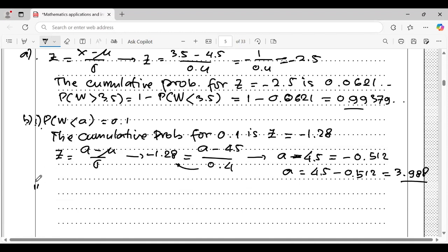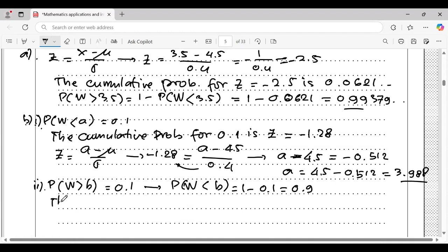Next, this is part 1. Part 2. The probability W greater than b equals 0.1 according to the information. And we can write that the probability W less than b equals 1 minus 0.1, which is 0.9.